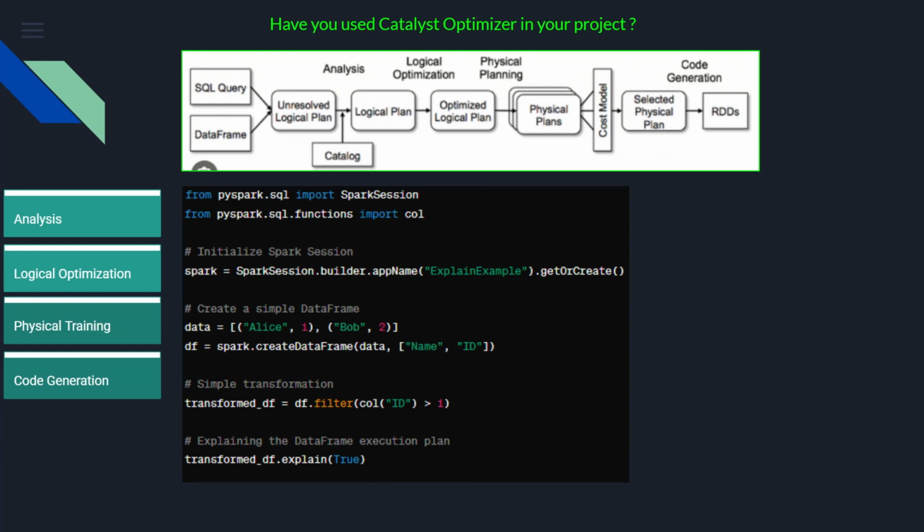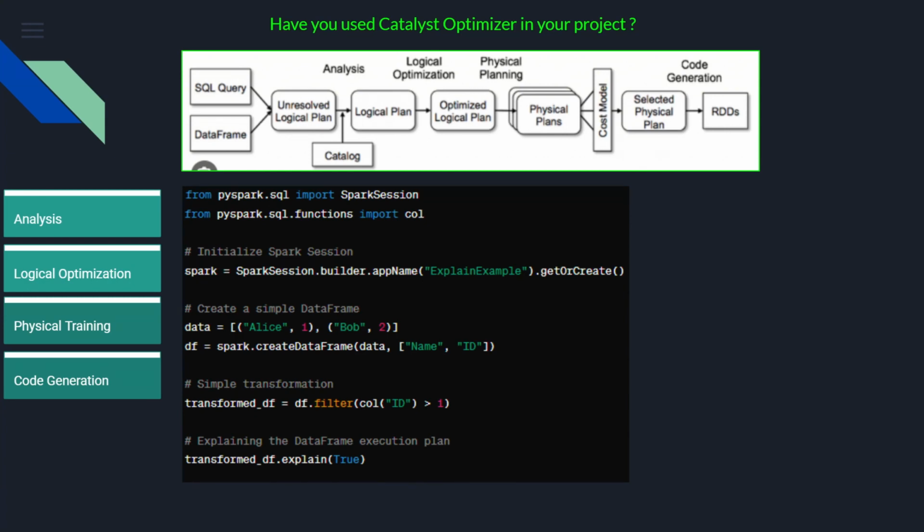Catalyst can optimize these operations by minimizing data shuffling and applying transformations in the most efficient order. And even in ETL operations, any ETL job where data is read from a source, transformed, and loaded into a target system, Catalyst optimizes the transformation steps to ensure efficient data processing.